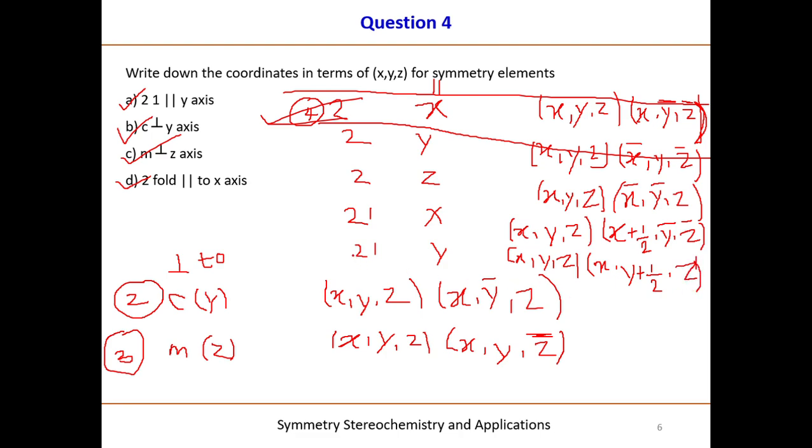So this is the answer for the first question. In terms of x, y, z, 2_1 parallel to y axis, we will write this way: x, comma, y plus half, comma, z.